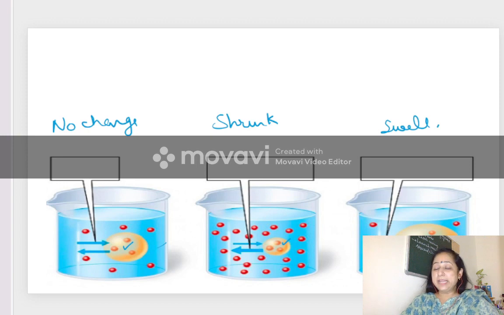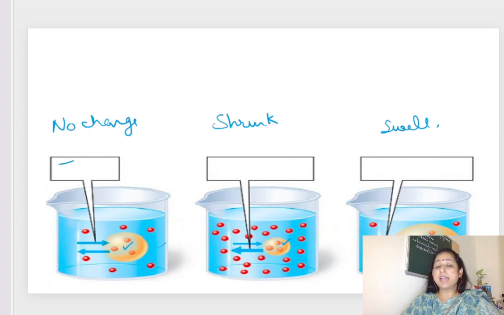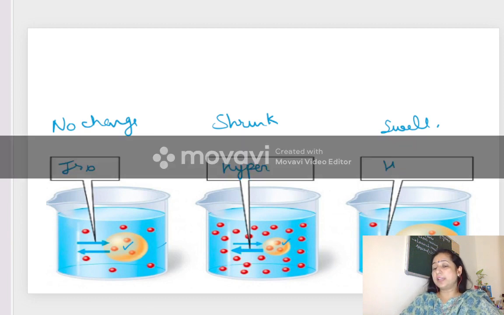The arrows are also showing the same thing. So this type of solution is an isotonic solution. This solution is, you tell me, a hypertonic solution, and this solution is a hypotonic solution. In the hypotonic solution, you can see there are very few red particles. More water is there.